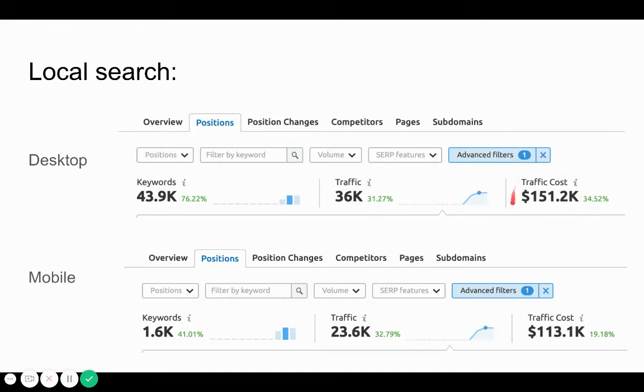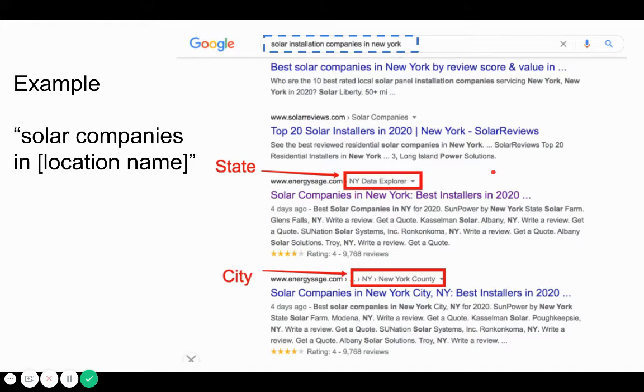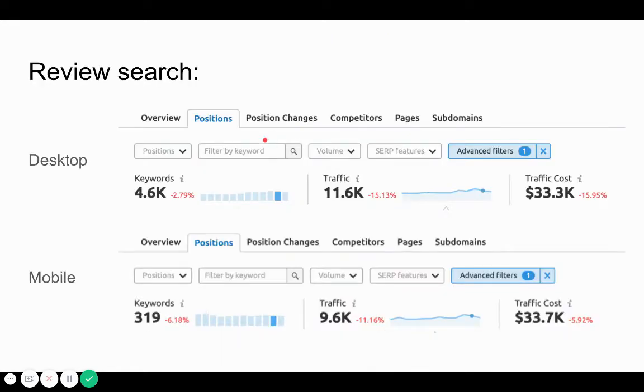So this is how much money they have saved by doing SEO. This is a good example of what a local search is and how an energy search shows up in Google.